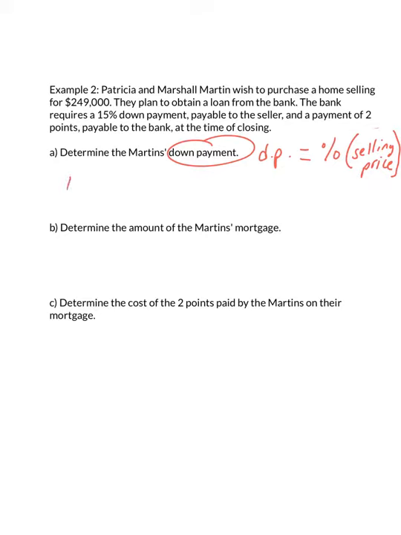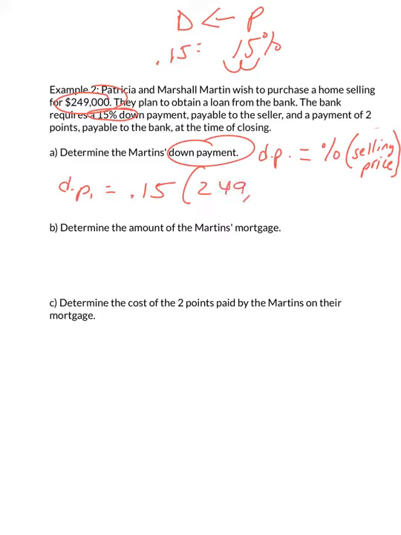So for our example here, the percent of down payment is 15%. When you convert that to a decimal, you have to move the decimal point 2 hops to the left. So that's the same as 0.15. So 0.15 times the selling price of the home, which is $249,000.